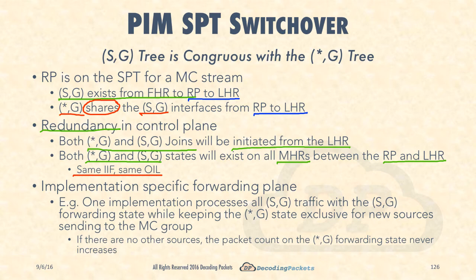There is the forwarding plane itself. The forwarding plane usually has nothing to do with the control plane. Once the signaling has taken place, you've acquired all of the information. How you forward the packets is implementation specific.